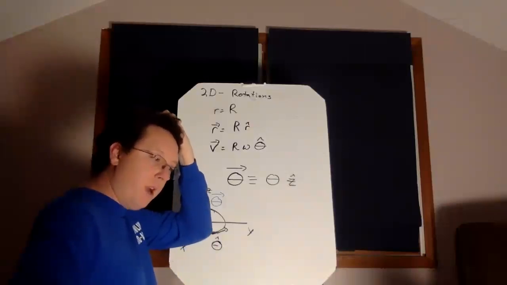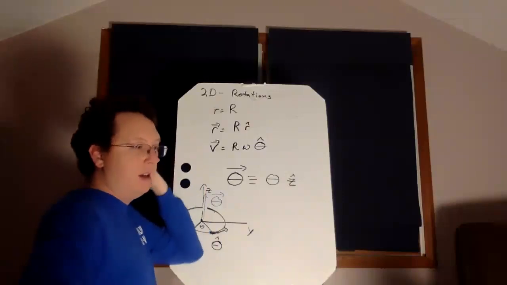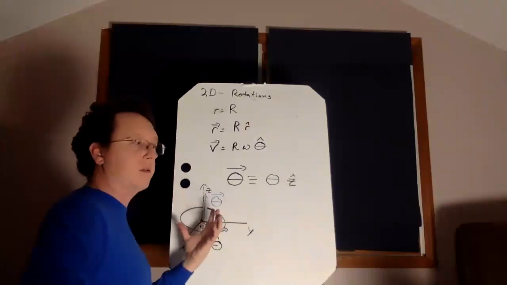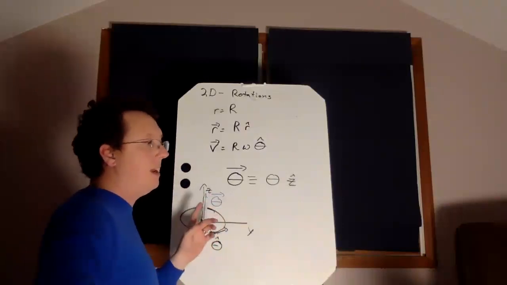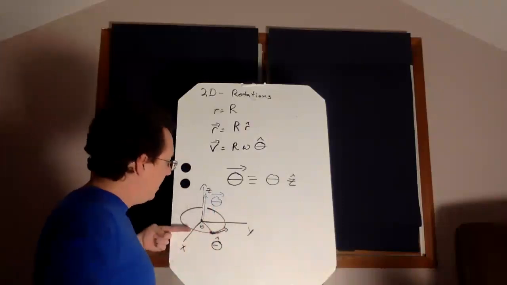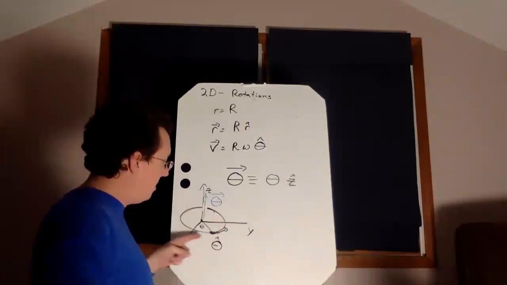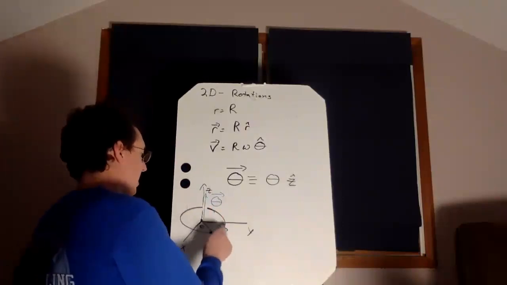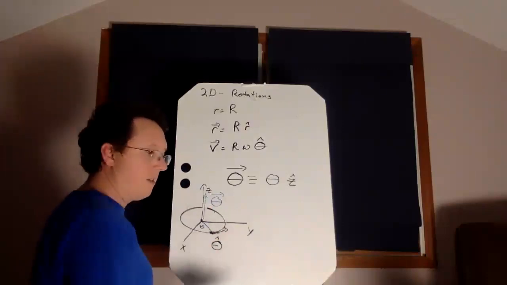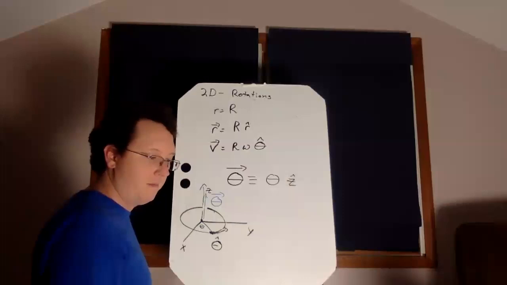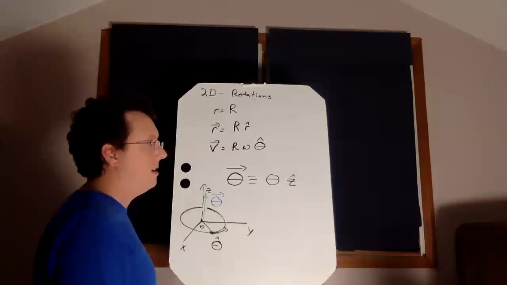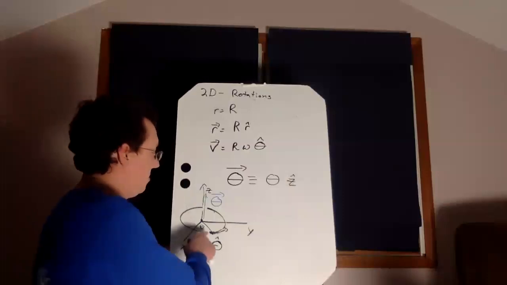if we want to come up with full vectors to describe rotational problems, the vectors can't live in the plane somehow, because if you wait long enough, as this object goes around in a circle, eventually the vector comes back to where it started. So it's at the same point.